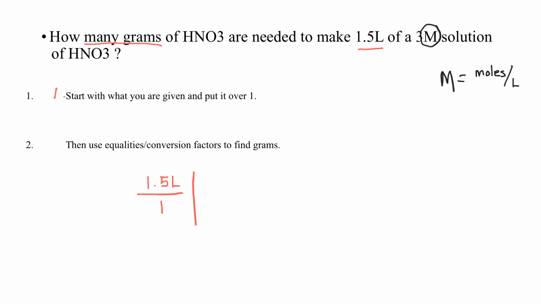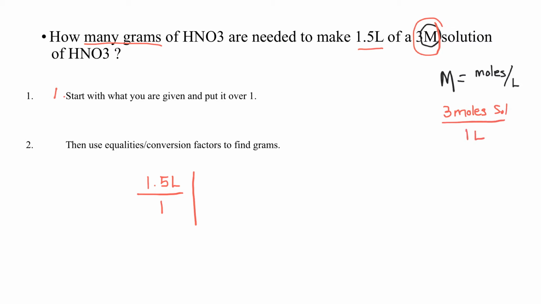And so I need to think about what equalities, what conversion factors can I use to get from liters to grams using what we're given up here, which is molarity, moles per liter. And so we know one of our conversion factors is going to be 3 moles of solution per 1 liter.